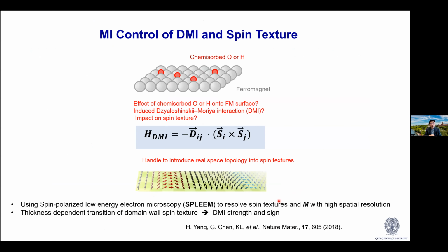So what we set out to do is to see if we could use this magneto-ionic handle to induce DMI after the system has been made. We've done this in a controlled ultra-high vacuum system.